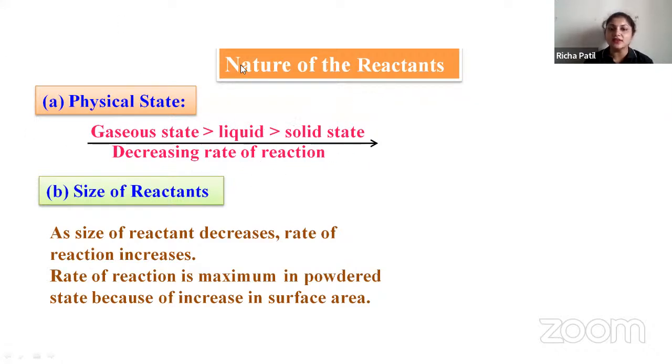Then the next factor, nature of reactant, depends upon the size of the reactants. If the size of the reactant decreases, the rate will increase. The rate of reaction is maximum in powdered state, because there will be an increase in the surface area.